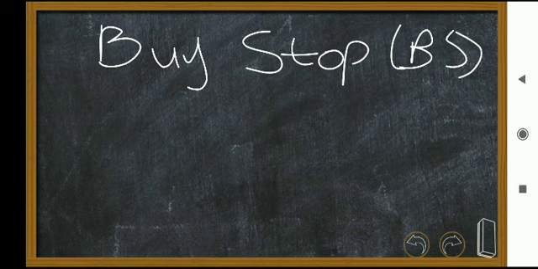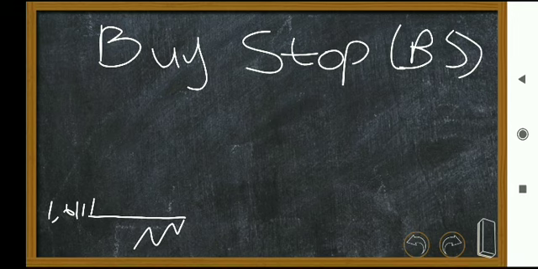So for the buy stop, it will be put above the current market price. Let's say the market is running at a price of 1.6111. Let's just put it there. You will set your buy stop order.